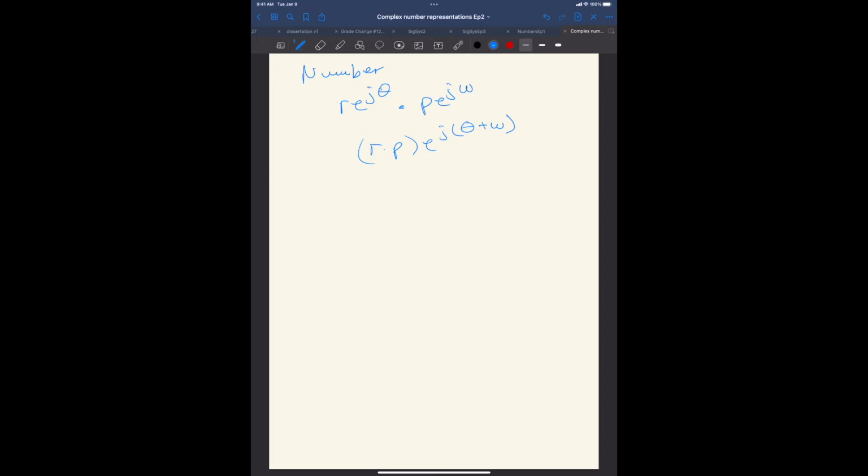This is actually, in many ways, easier, but we need Euler to recognize that re to the j theta is r cosine theta plus j r sine theta.